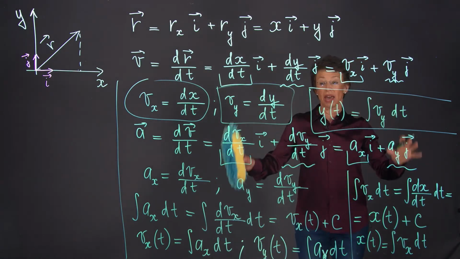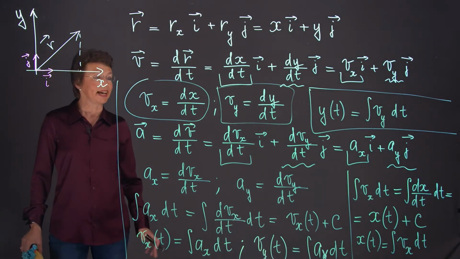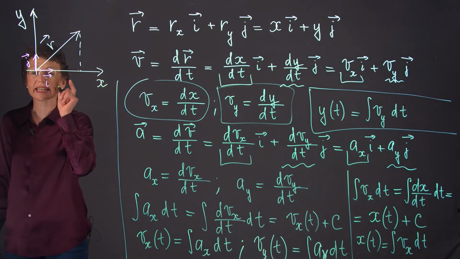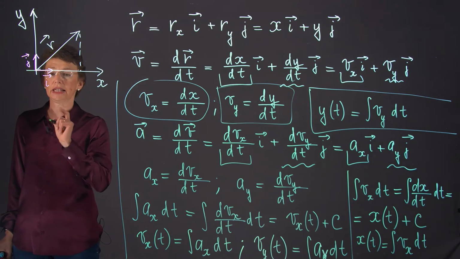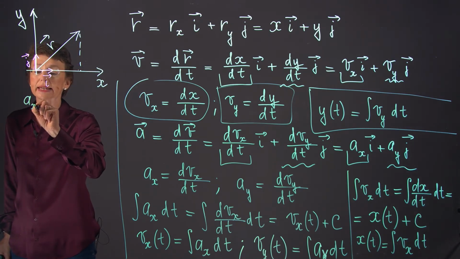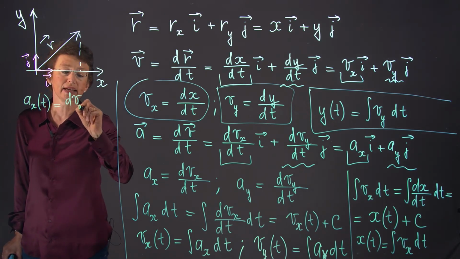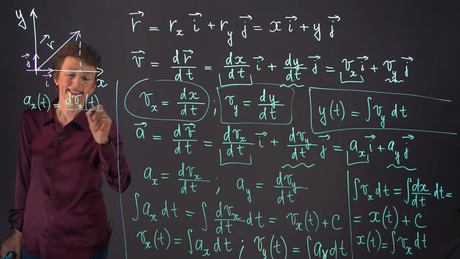Now, when we have all these formulas, I will summarize them right here. So we have definitions, and I will write everything in terms of components. So what do we know? We know that ax as a function of time is dvx of t dt.